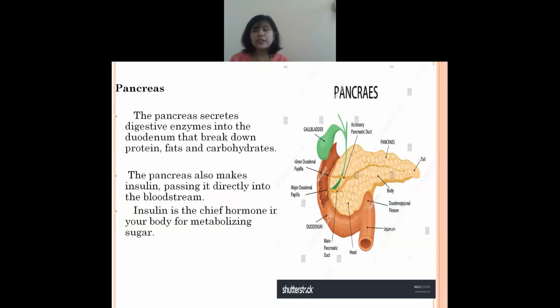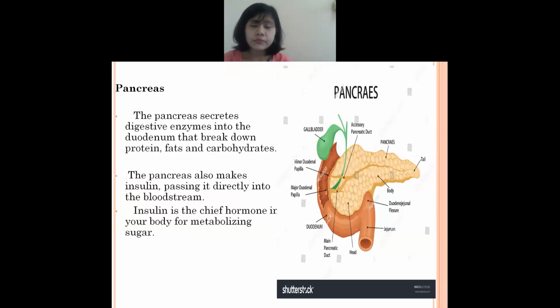I'll say again, this pancreas, what will they do? The pancreas will secrete digestive enzymes. And what is the function of that digestive enzyme? They will help in breaking down protein, fats, carbohydrates. And the function of the pancreas is what?